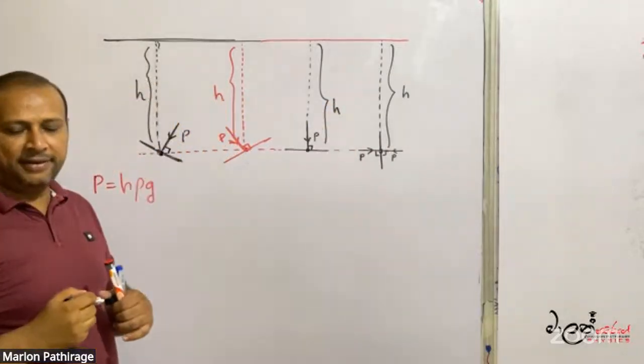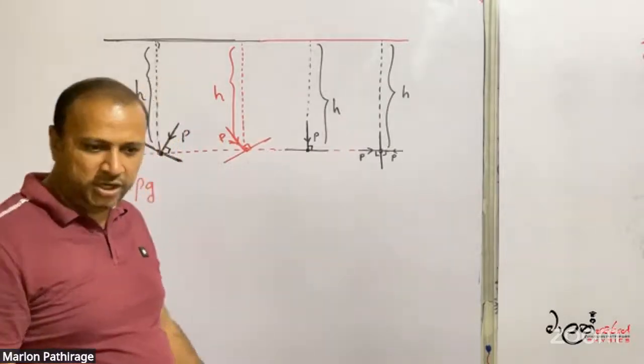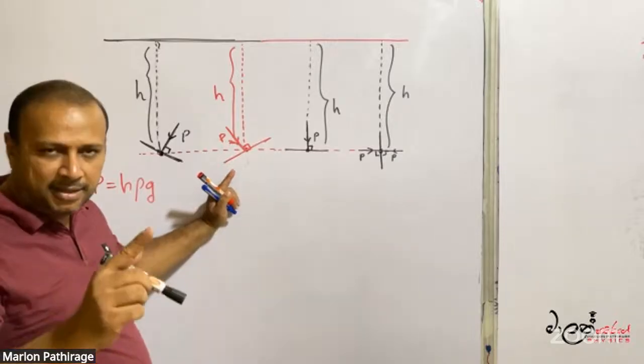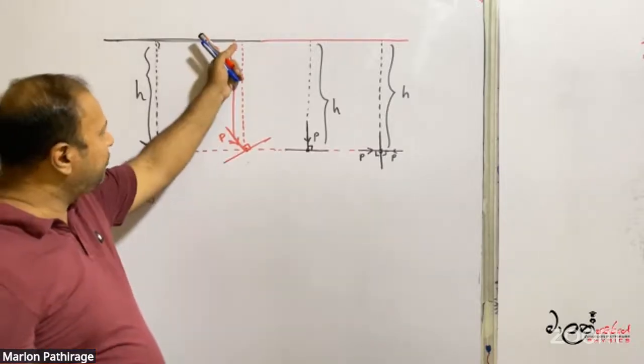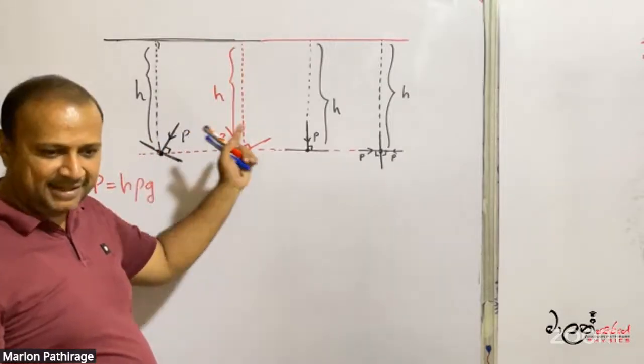Therefore, regardless of the orientation of the object, the pressure exerted on that object is a constant, because the height from the liquid surface to that point is a constant.